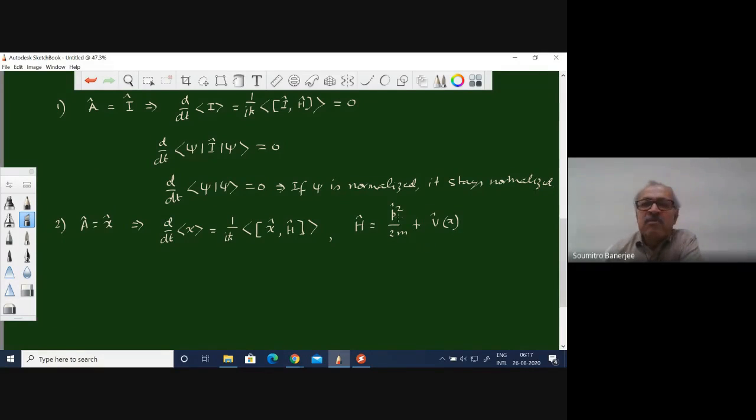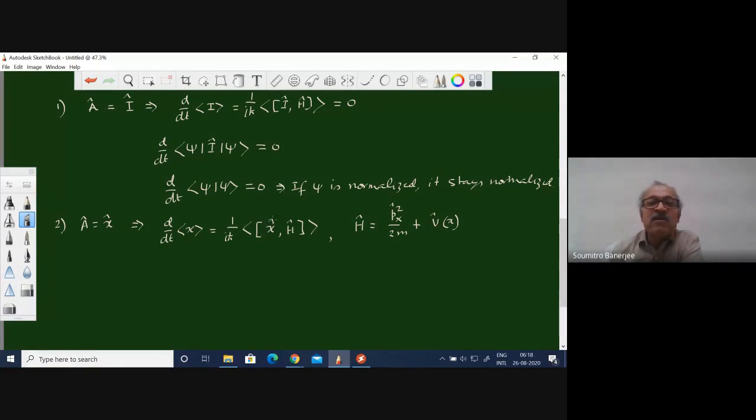I'll put px squared because it is in the x direction. So px squared by twice m plus V of x. You notice that x definitely commutes with V of x because V of x is nothing but a function of x, and this operator is nothing but a multiplication by x. It definitely commutes. So these two commute.